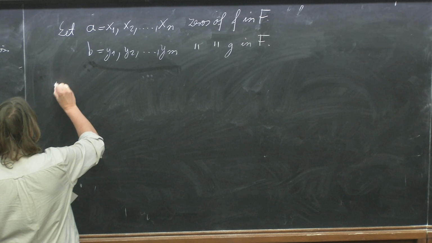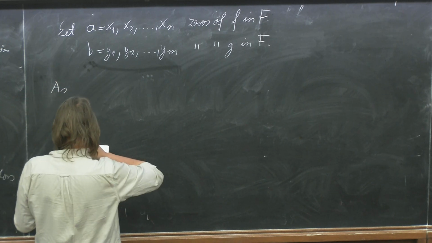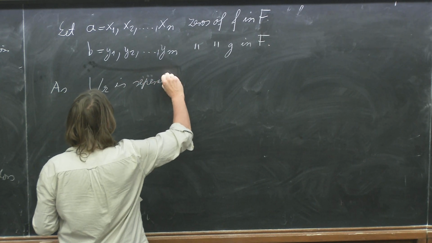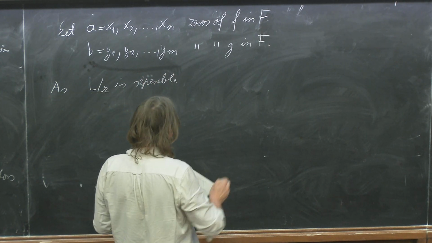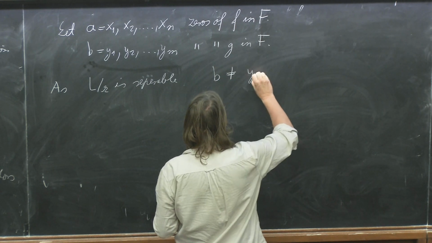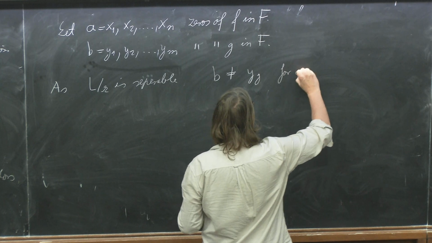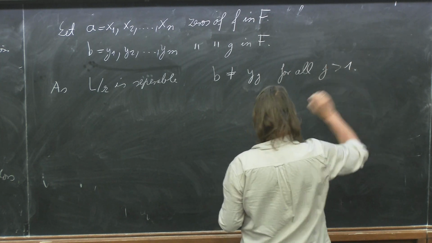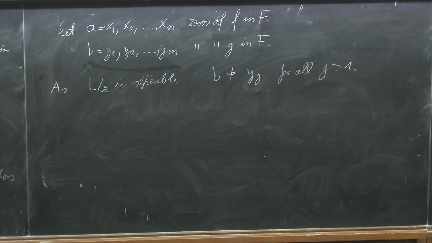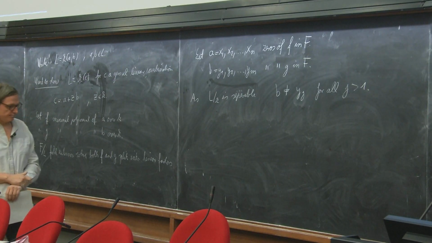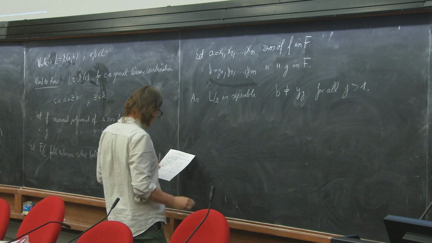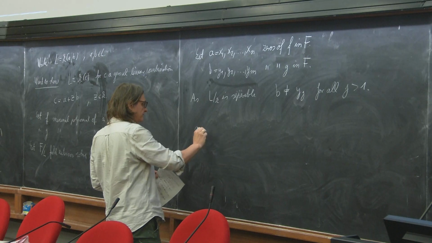So as L over K is separable, b is different from yj for all j from 2 to m. So thus, now we want to solve a certain equation.